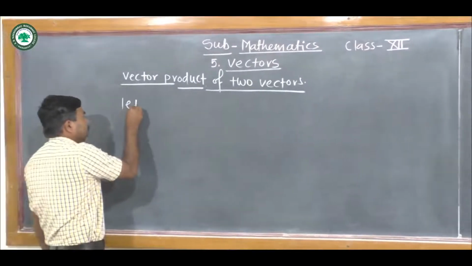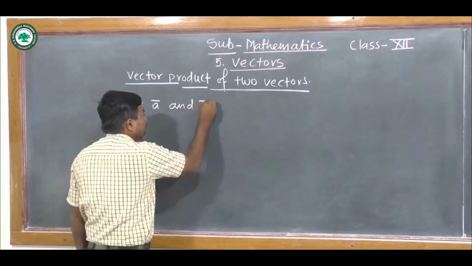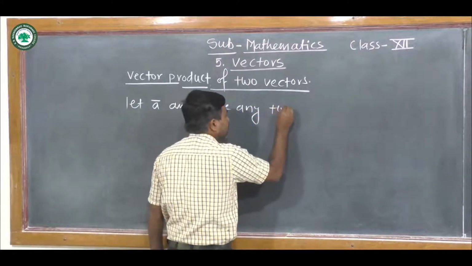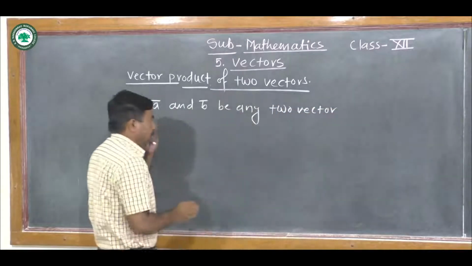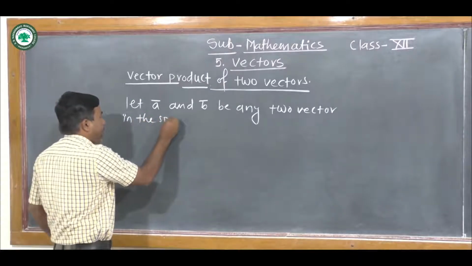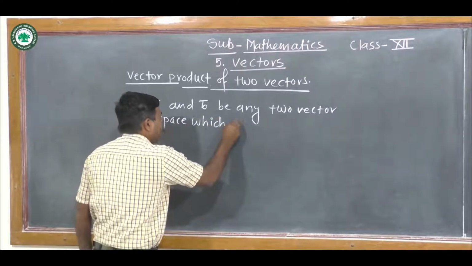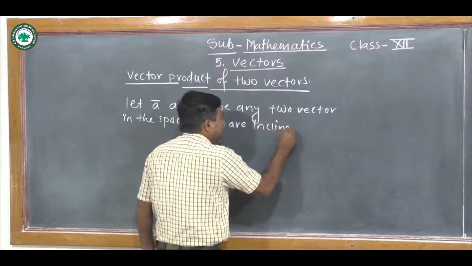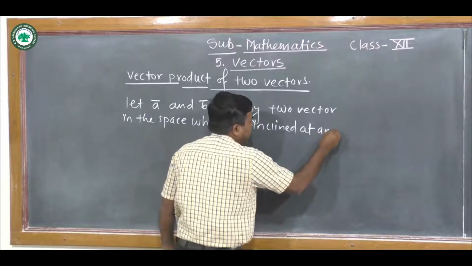Let A bar and B bar be any two vectors in the space which are inclined at angle theta.